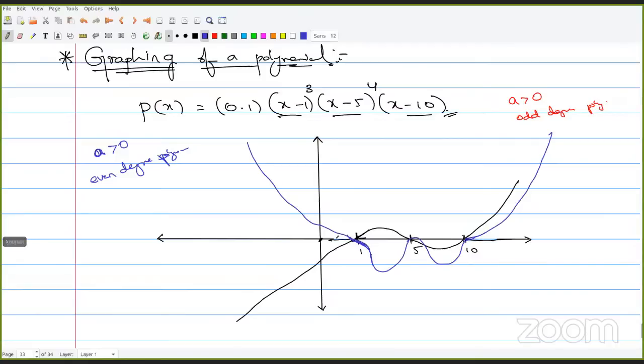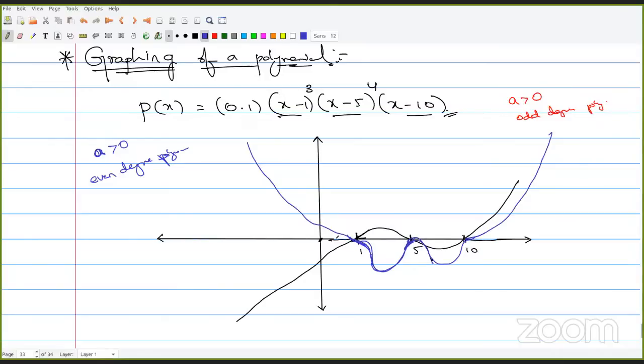See, actually the graph is below, right? The graph is below. You reach 5 from below. So you shouldn't cut there. You shouldn't cut at 5 because the multiplicity is even there. So therefore you should bounce back.